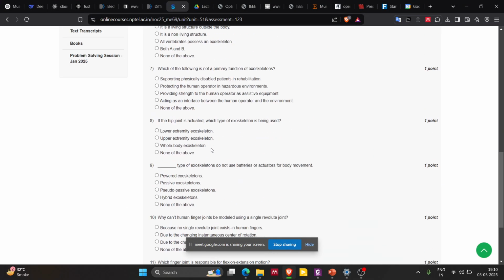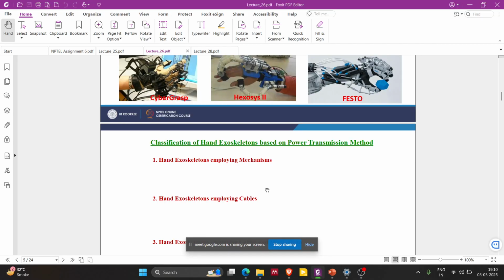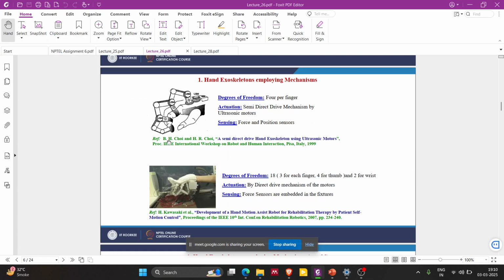You can see that this type of exoskeleton does not use batteries or actuators. These kinds of questions are specifically meant to test what a powered exoskeleton means, what a passive exoskeleton is, what pseudo passive means, and all those things. So please do know these names, these classifications.